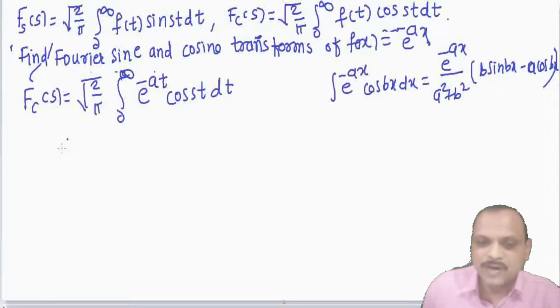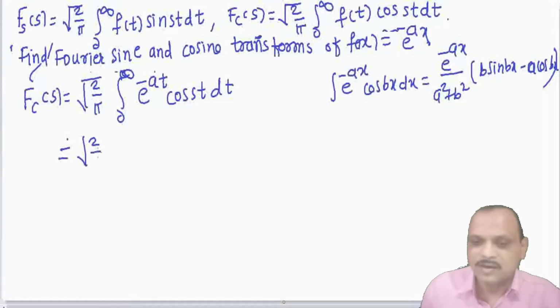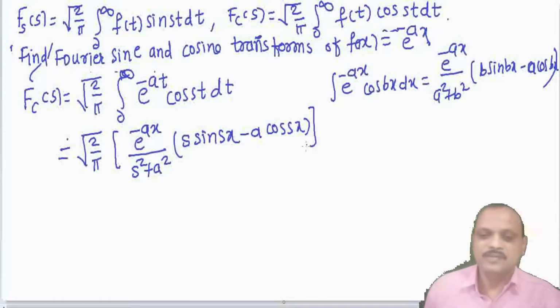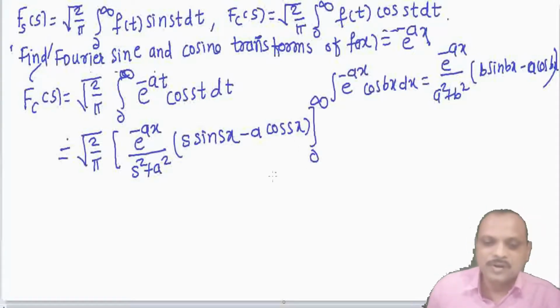Equal to under root 2 divided by pi. Here you can see e raised to minus ax divided by s square plus a square into s sin sx minus a cos sx, in the limit 0 to infinity, equal to under root 2 divided by pi into, again at infinity, here the variable is t, we have to write t.